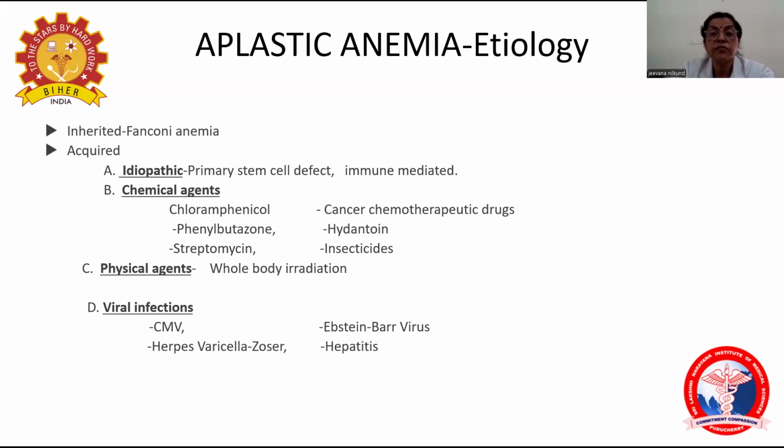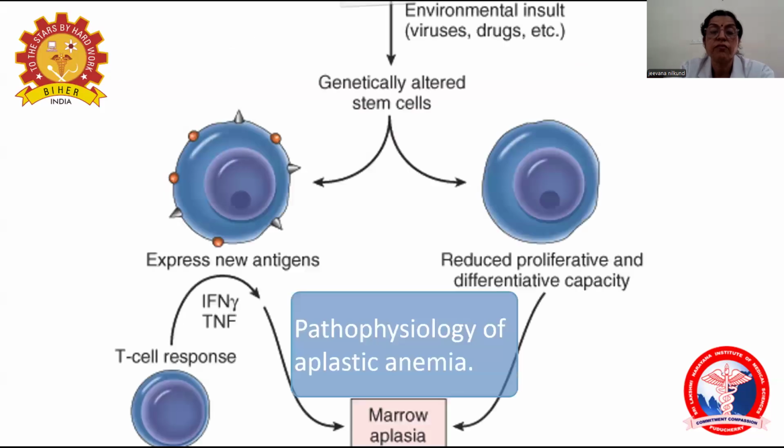So under etiology, we have inherited and acquired. Inherited is Fanconi's anemia, and acquired again is idiopathic, chemical agents, physical agents, or viral causes. Now, how exactly is this stem cell disorder going to manifest in the form of aplastic anemia?